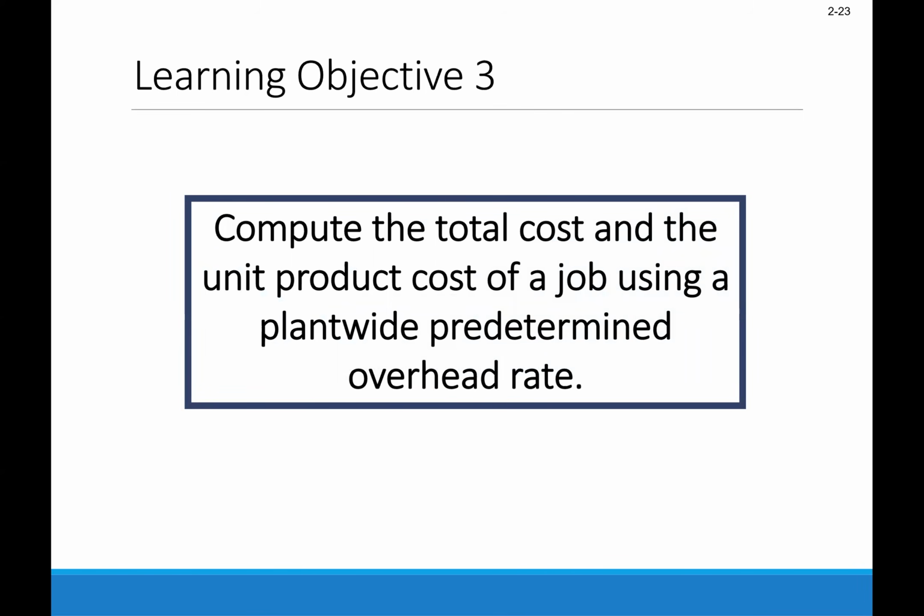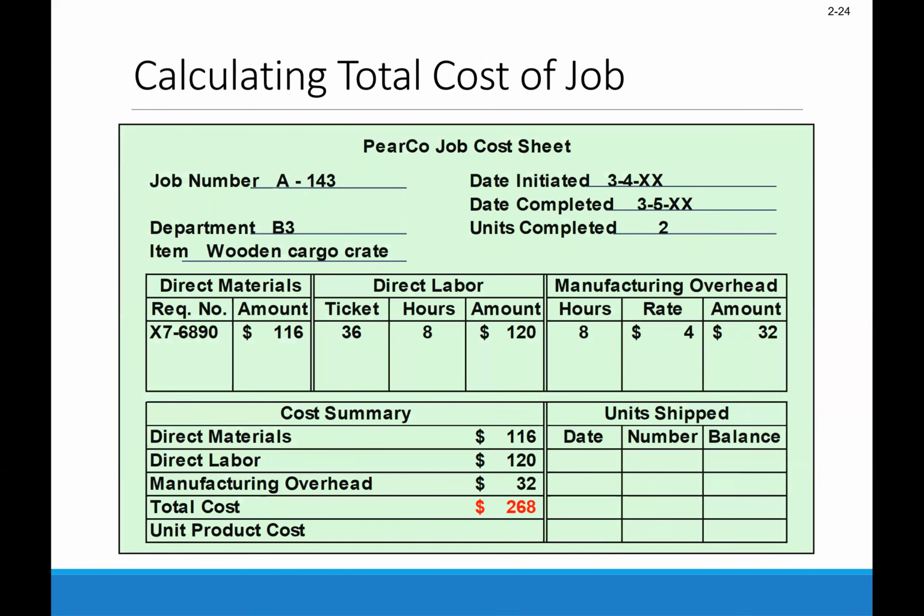Next, we're going to compute the total cost and the unit product cost of a job using a plant-wide predetermined overhead rate. Here, we know what our direct materials are for our wooden cargo crate. We know our direct labor hours, and we know what our manufacturing overhead is.